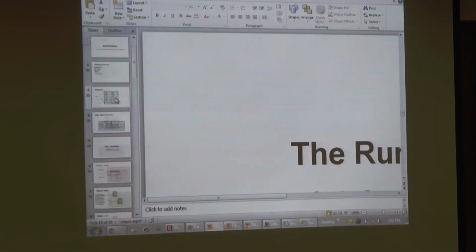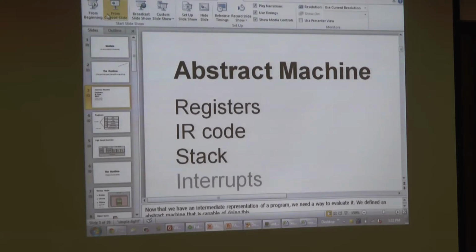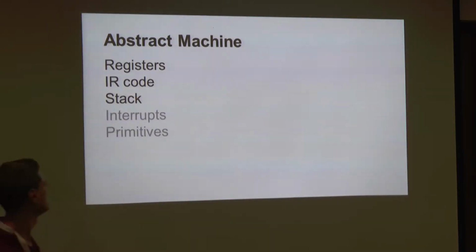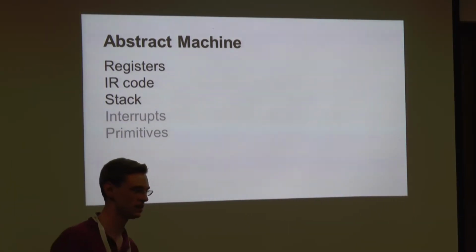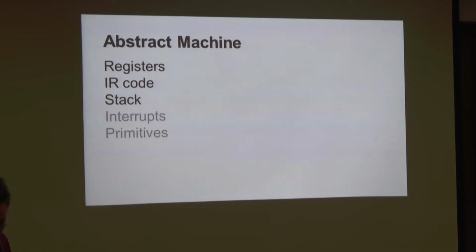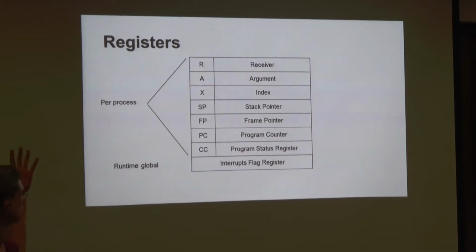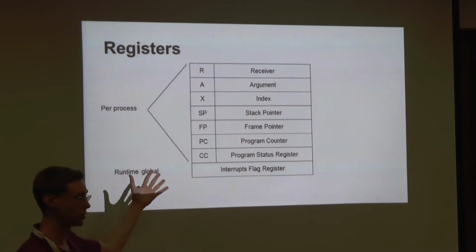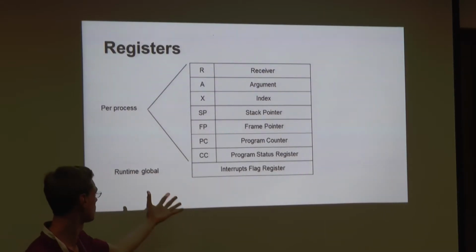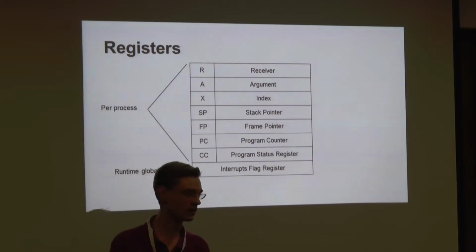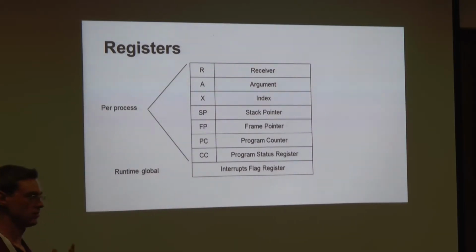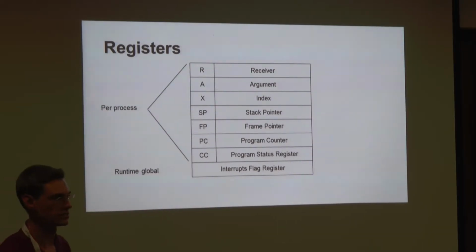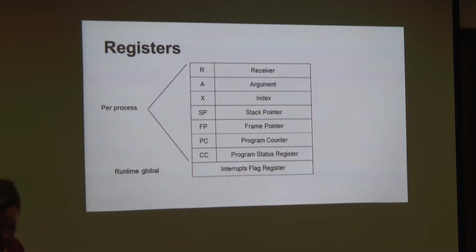I mentioned yesterday there's this abstract machine, which is just the abstract evaluation system, so I'm not going to go over that. We also have, global to the entire runtime, an interrupts flag register, which is how you assert interrupts when an interrupt has happened.